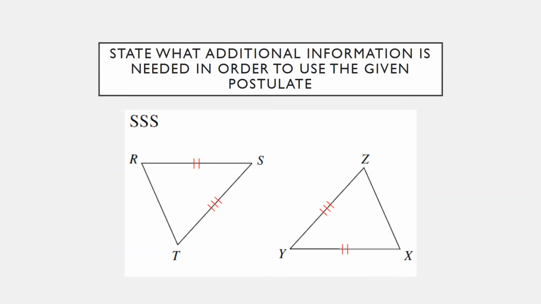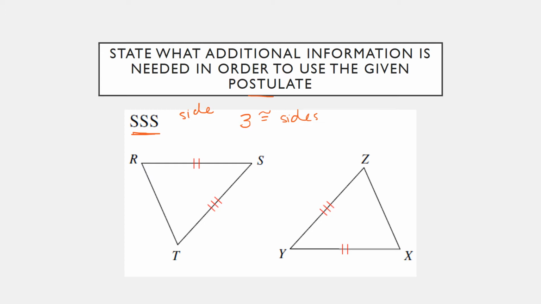An example of a problem that I might give you on your worksheet is: here are two triangles, and I want you to prove the triangles are congruent using the theorem SSS. Again, S just stands for side, so this would be side, side, side with three congruent sides. It says state what additional information is needed in order to use the given postulate.